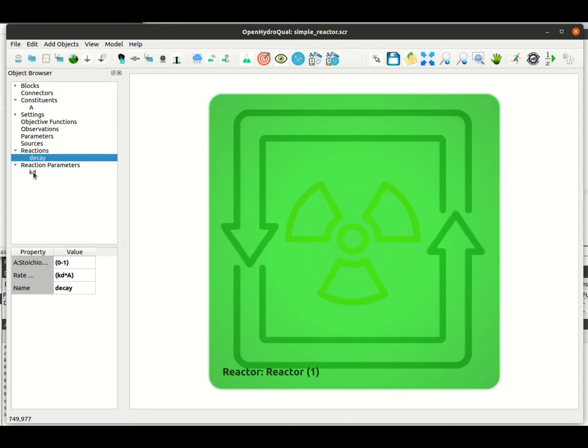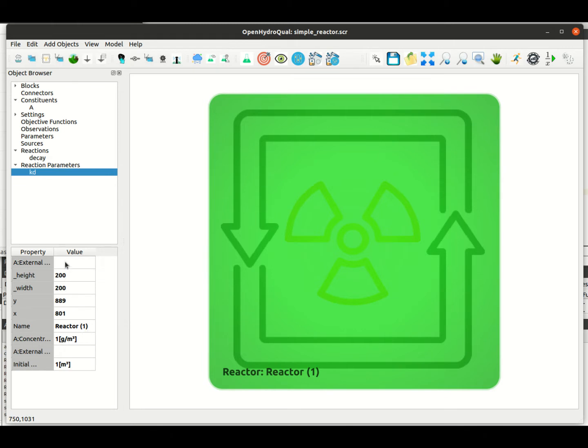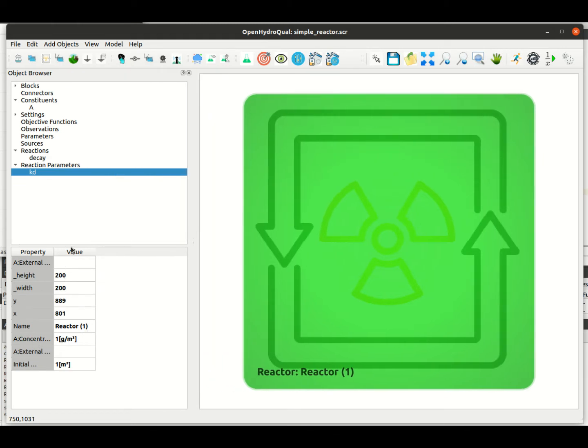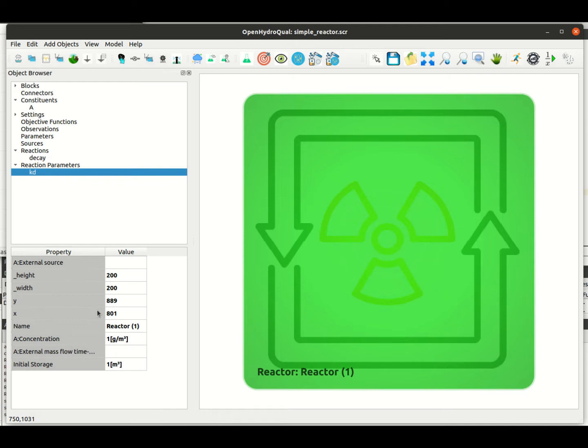Then we have this reaction parameter called KD, which I've assigned a value of 1, and the initial concentration of this pollutant A is 1 gram per cubic meter, or 1 milligram per liter.